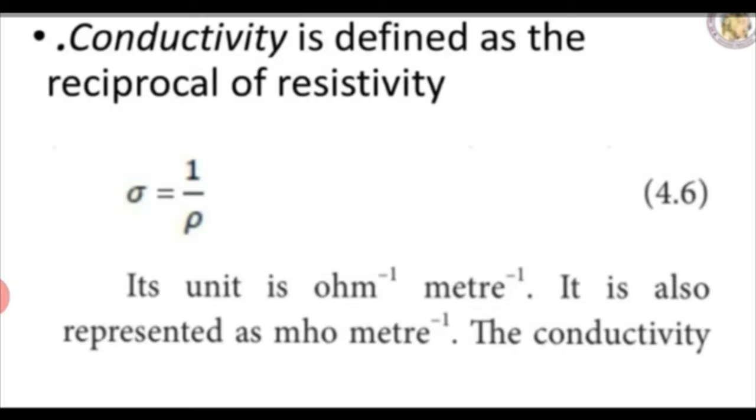Its unit is ohm inverse, also represented as mho per meter inverse. So the conductivity is more for conductors than for insulators, but the resistivity is less for conductors than for insulators.